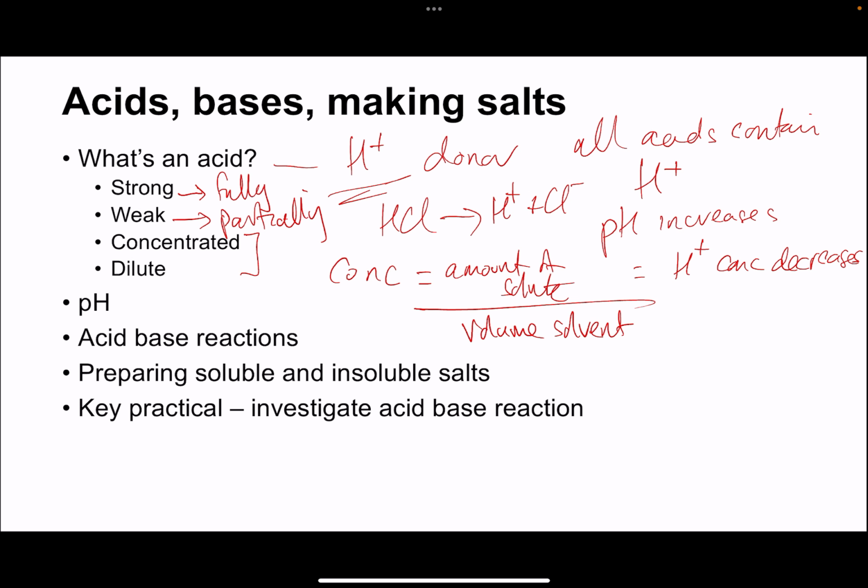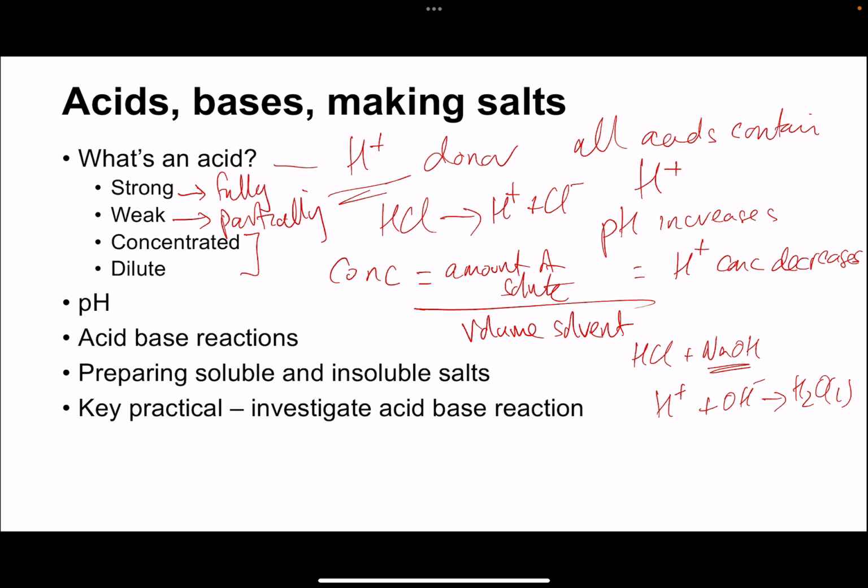You will definitely get questions on acid-base reactions. Examples: hydrochloric acid and sodium hydroxide. It's a neutralization reaction where an acid reacts with a base. Sodium hydroxide is a strong base. The ionic equation, please learn this: hydrogen plus hydroxide forms water.